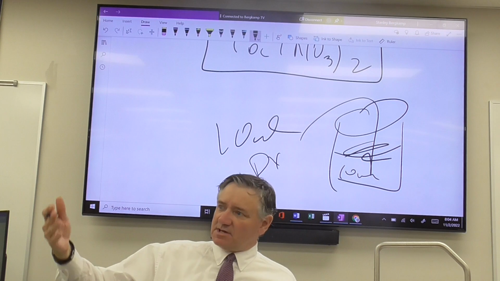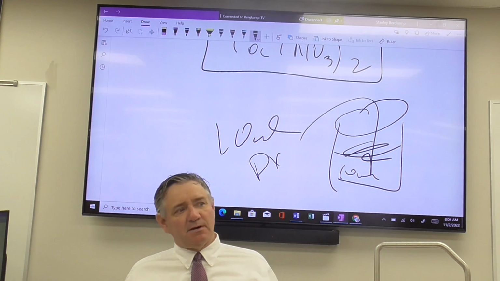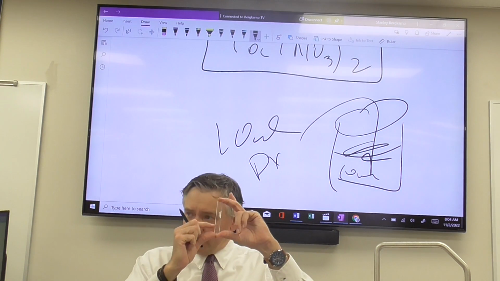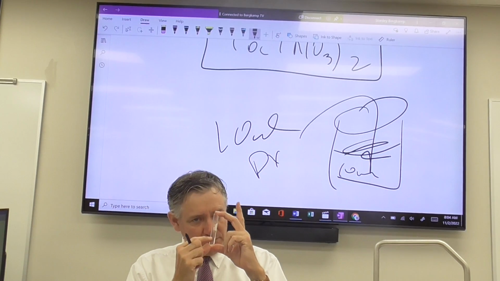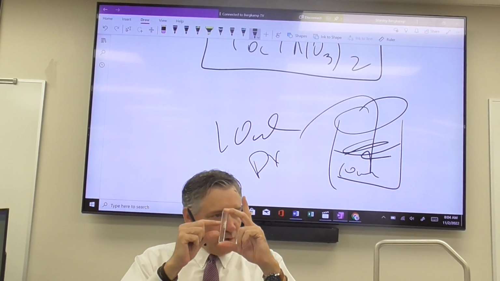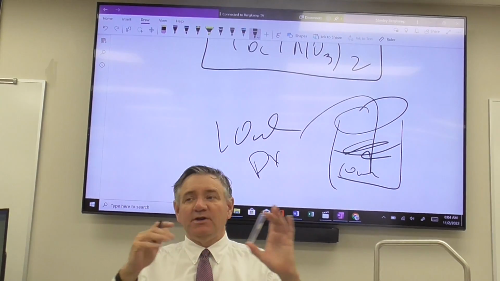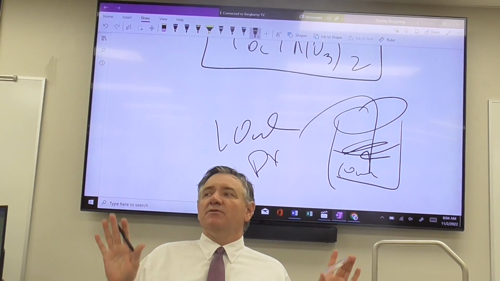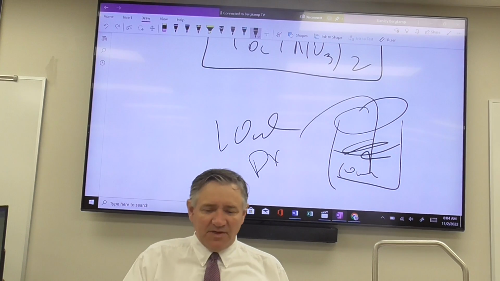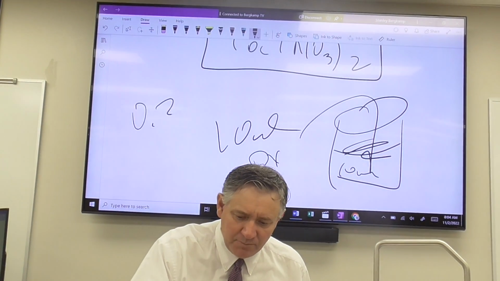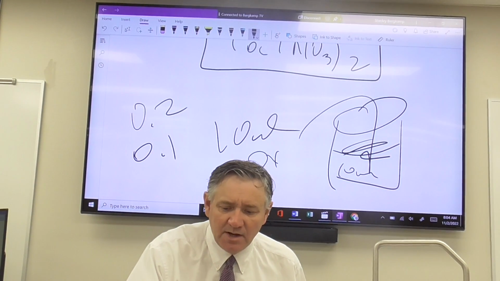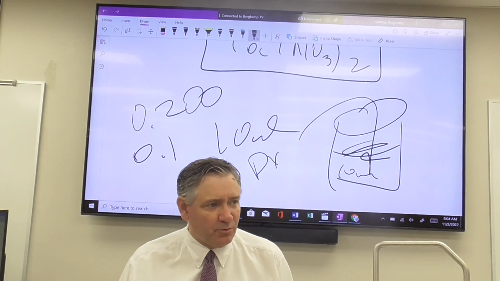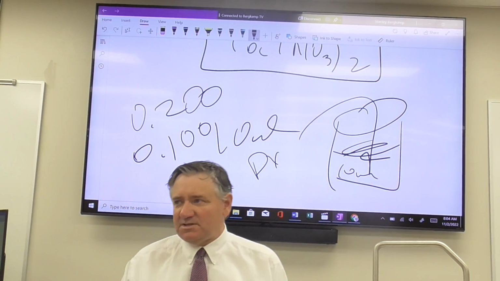That's going to reduce the concentration because it's going to become more dilute. So start with the 0.2, fill it about 1/4 of the way, and add water till it's about half full. Notice that this is not a precise measurement, okay? This is just going to be something close. That's why I said we're going from 0.2 to 0.1. Notice I didn't say we're going from 0.200 to 0.100, okay?